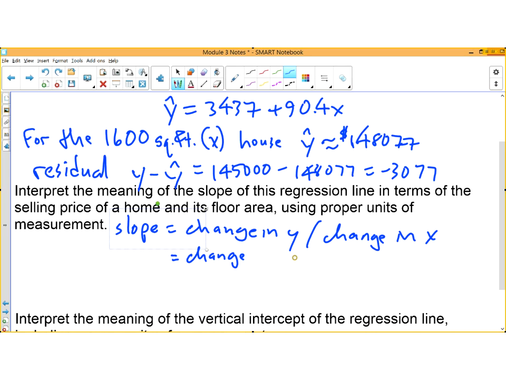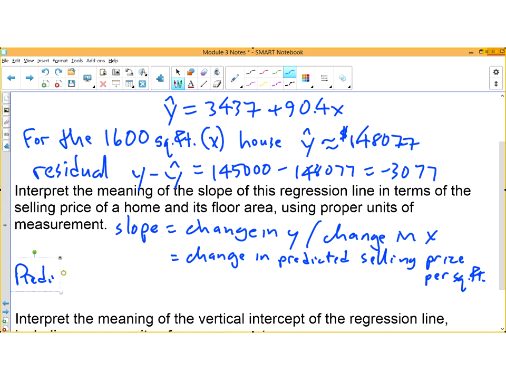All right, and so in this case, that's the change in selling price, predicted selling price, because the equation is about predicted selling price, not actual selling prices. The predicted selling price per square foot, which is $90.40. So we expect that the predicted selling prices go up by about $90 per square foot.